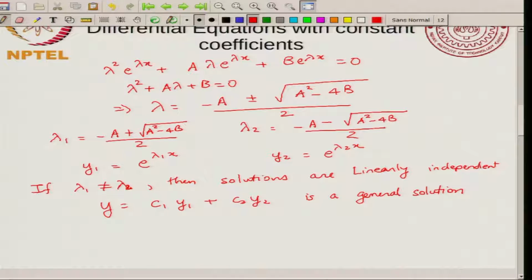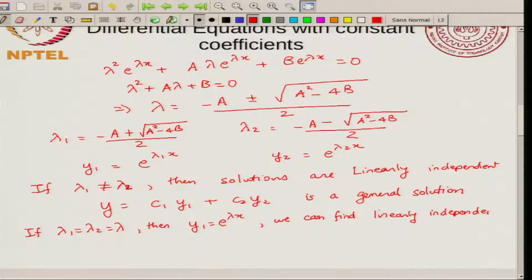So if lambda 1 equal to lambda 2 equal to lambda, then y1 equal to e to the lambda x, and we can find a linearly independent y2 by variation of parameters.